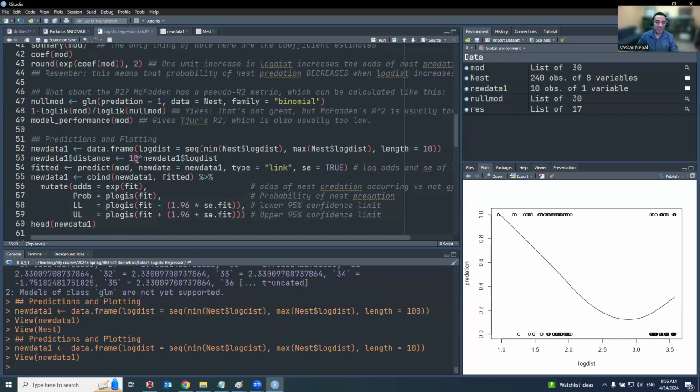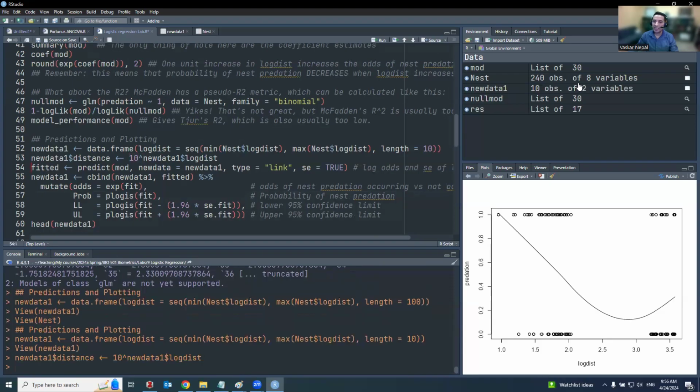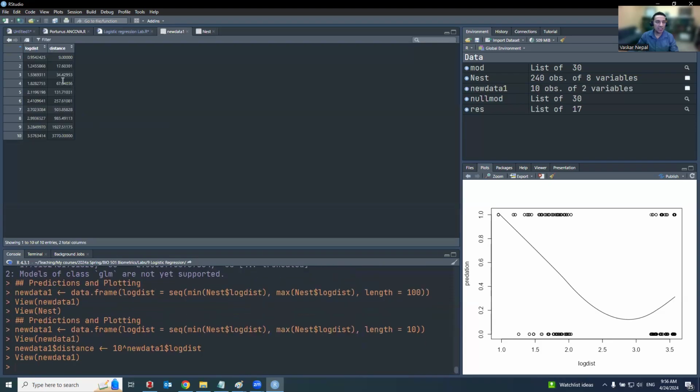That is why we were doing exp, right? Exponent. But because now we are using log10, we will use 10 to the power. So we do that, and now our new data has a second column, 0.95, meaning 9 meters away, and 3.57, meaning 3770 meters away. So a long distance away, right? Almost 4 kilometers away from the ungrazed feeding site.